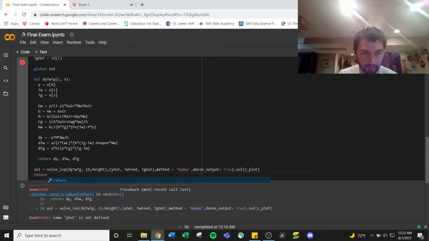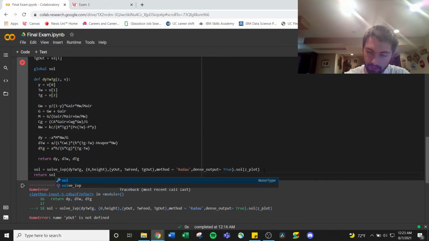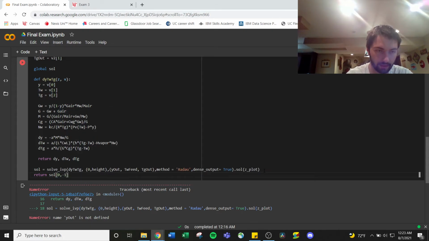the last bit. So here, I'll walk through. We want to return from sol the last. So we want the first array in sol, but we want the last element in that array. So you do 0 for the first part of the array, and then the last number in that specific array.